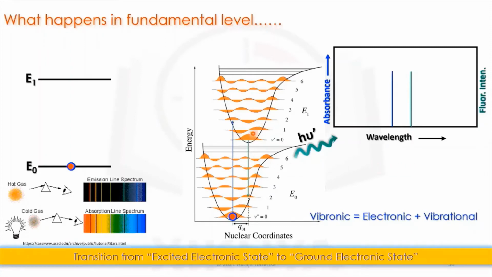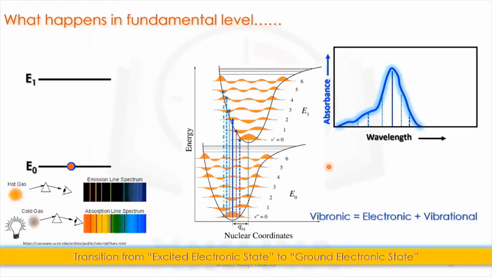Now, as you can see, there are different vibrational energy levels, so there can be different transitions depending on the extent of overlap of electron wave functions. So let's say we can have this transition, and if you combine all these transitions, you will have a broad absorption spectrum.